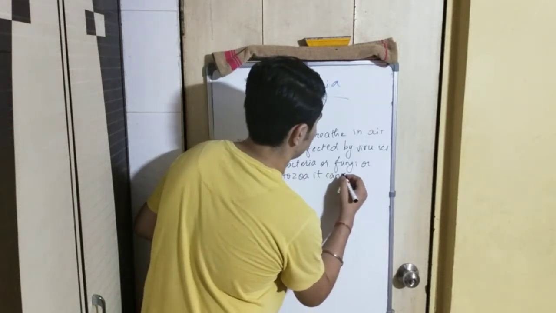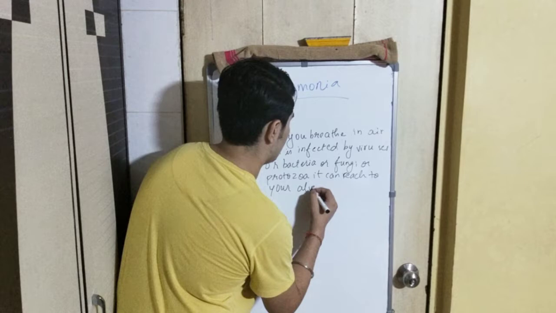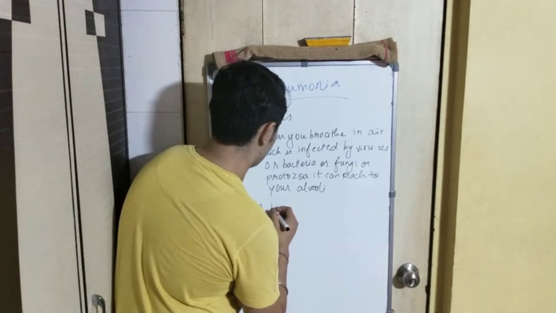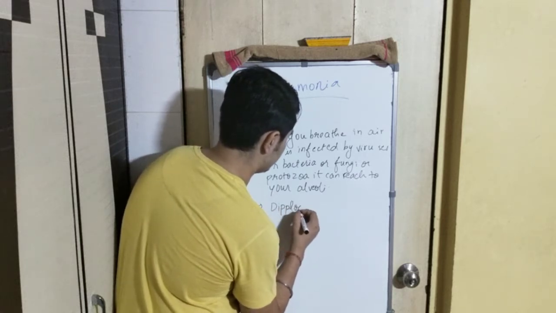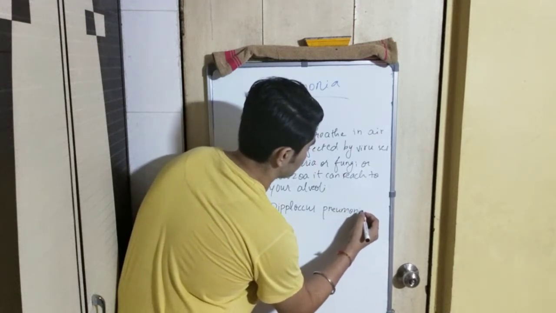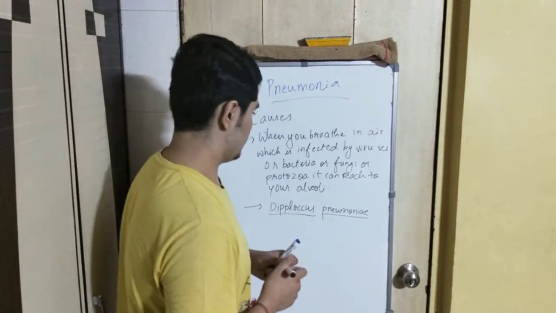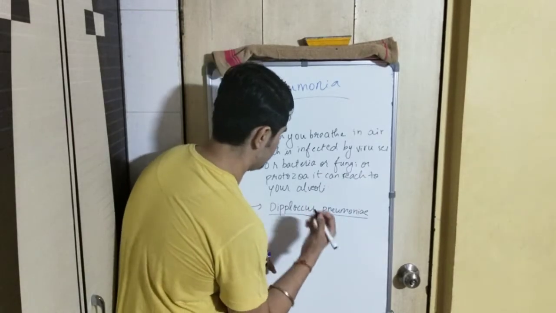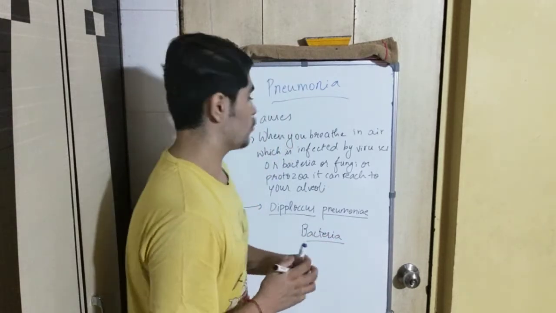It can reach your alveoli. And second is it is caused by a bacteria called Diplococcus pneumoniae. This is a system of writing the name of a bacteria or a virus or a fungi or a protozoa. It's a bacteria. So you can copy it down.